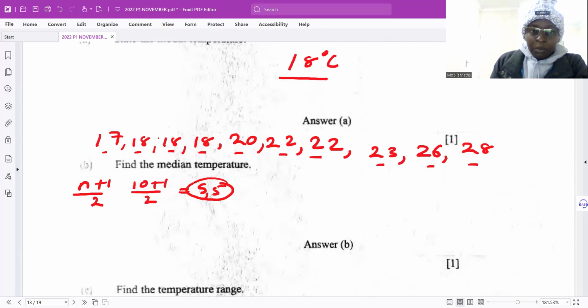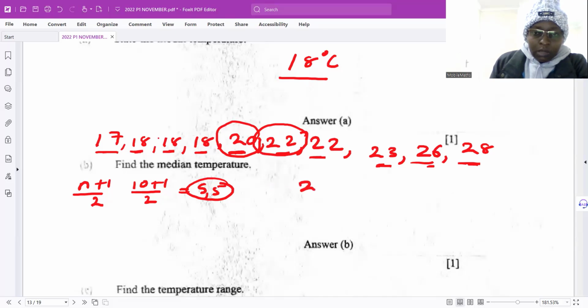That's our position. So I can count 1, 2, 3, 4, 5, okay? So I'm here, then I'm here. I can count 5 here, 1, 2, 3, 4, 5. So I can add these two, because at the center here is where we have our median, since we said 5.5. So I can say 20 plus 22 divided by 2.